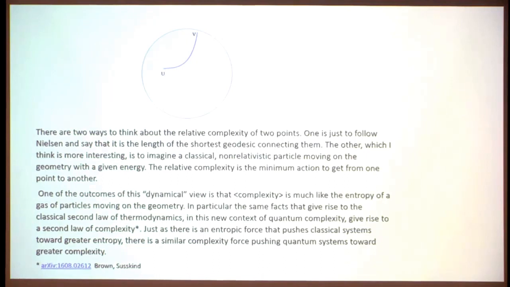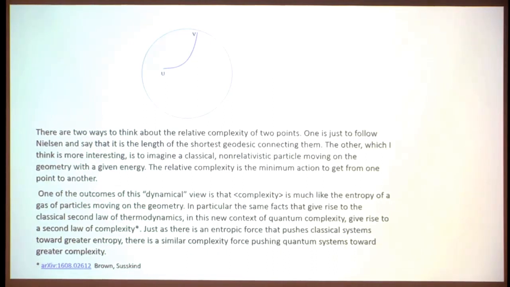There are two ways to think about the relative complexity. If I have two unitary operators, I can ask how many gates does it take to go from one to the other by operating, let's say, by left multiplication, and that minimal number of gates to go from one to the other is called the relative complexity. And you can think of it in two ways.